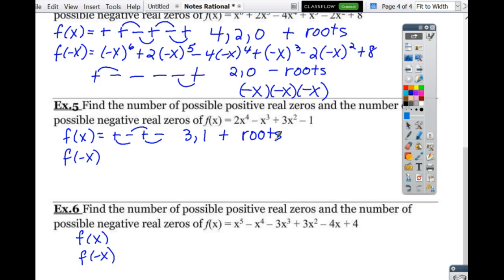So if I subtract 2 from that, I get negative 1. Is that a possibility for a number of roots? No. So the evens, you'll go to 0. The odds, you'll go to 1. All right, so the negative.